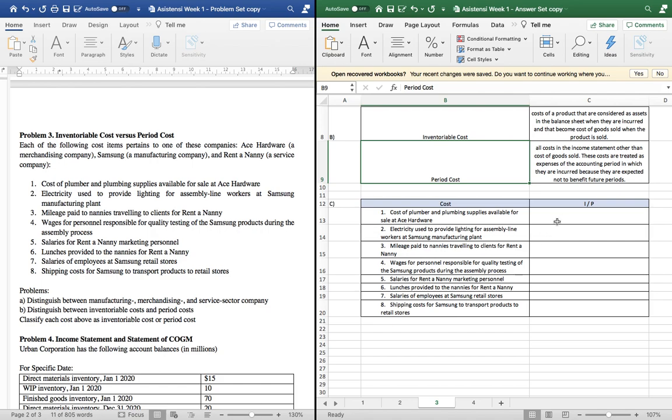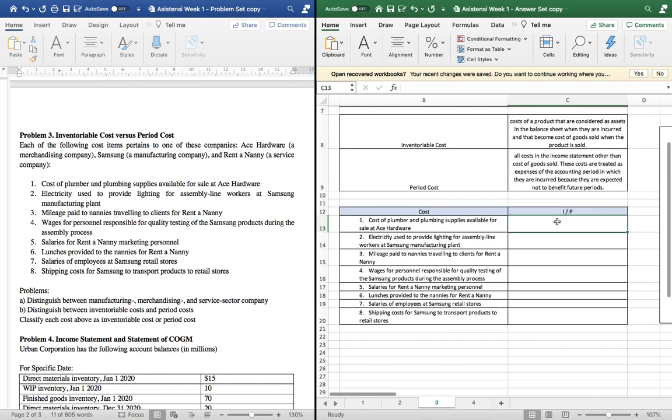So for the first one, cost of plumber and plumbing supplies available for sale at Ace Hardware, it is an inventoriable cost because we account this cost as assets in our balance sheet before we sell the plumbing supplies to the customers. And the second one, electricity used to provide lighting for assembly line workers at Samsung manufacturing plant. This is also an inventoriable cost.